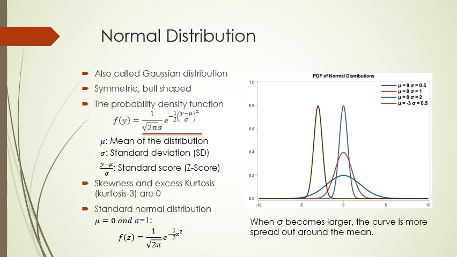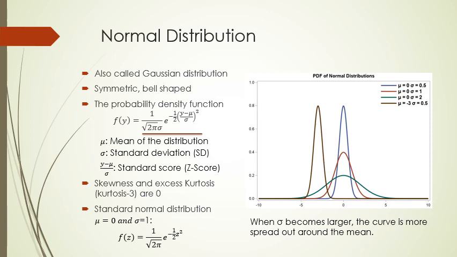From the expression, we know z-score is the number of standard deviations by which the value of y is above or below its mean. Since the distribution is symmetric and unimodal, the mean, median, and the mode are all at mu. The skewness and the excess kurtosis of the distribution are zero.